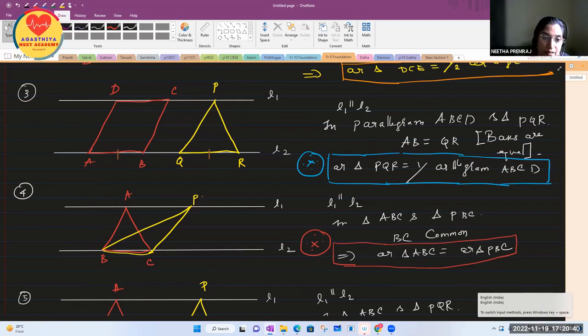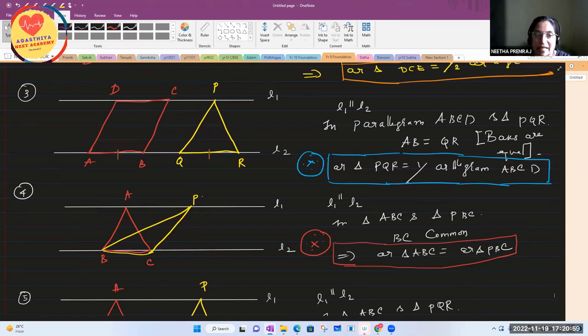See, the third concept is there is a pair of parallel lines, L1, L2. In that, there is a parallelogram and there is a triangle. In that, what is given, their bases are equal in measure. AB is equal to QR. Bases are equal. Then the area of the triangle is half of the parallelogram.